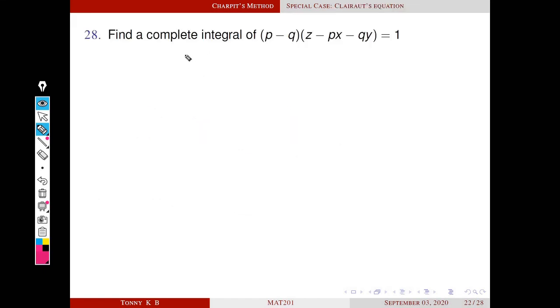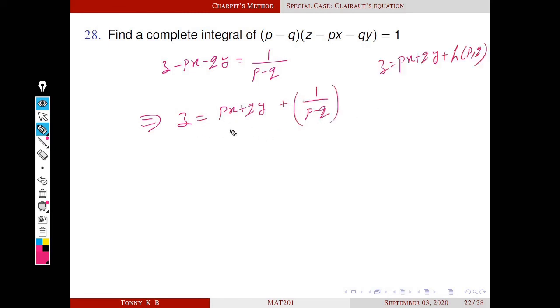Next problem. Find a complete integral of (p minus q) into (z minus px minus qy) equal to 1. We can rewrite this PDE, and now it is in Clairaut's form, where Clairaut's form is z is equal to px plus qy plus some function of pq.